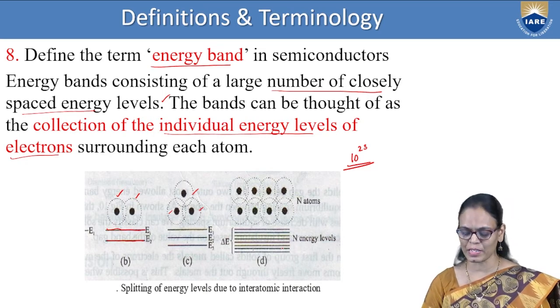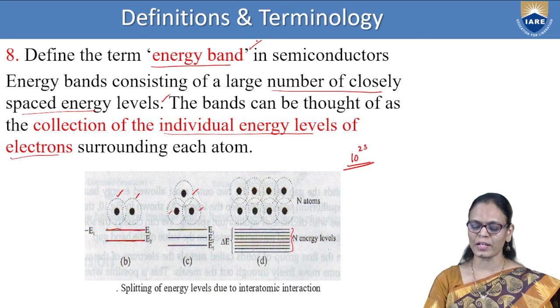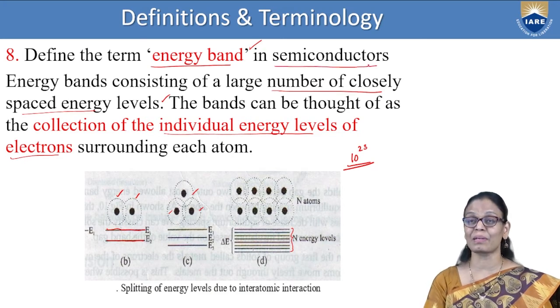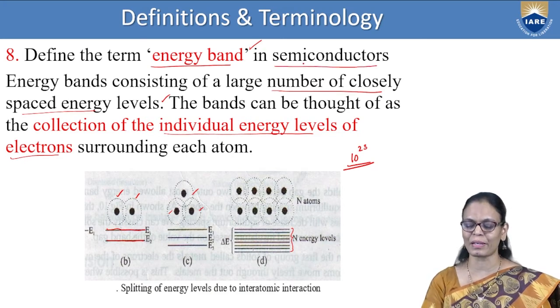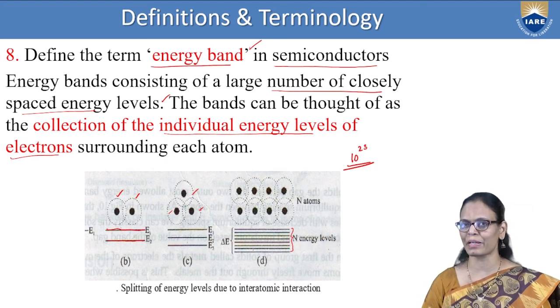So these energy levels will be very closely spaced, and these closely spaced energy levels will form a band. That is what we call an energy band. Energy bands are there in semiconductors also. In a semiconductor, we have a valence band and a conduction band separated by a forbidden band, which we will discuss again in semiconductors.